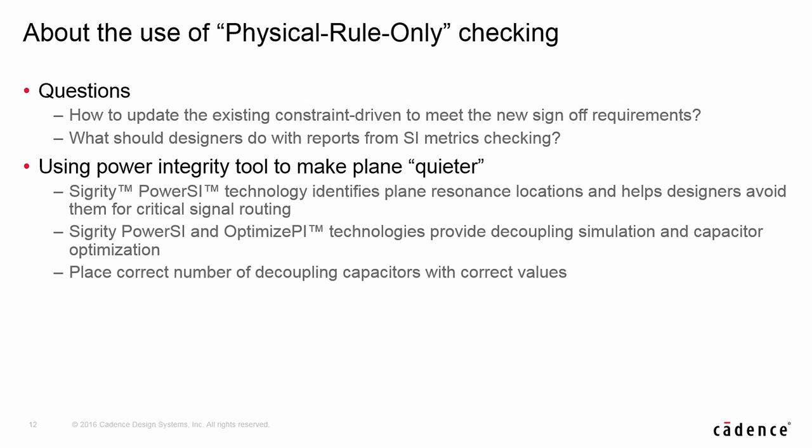The report of SI matrix sorts out the signals with bad performance so that designers can run detailed simulation with non-ideal power supply. Then examine existing decoupling capacitor placement and selection schemes to make the plane quiet. In other words, to make it close to ideal power. When that is reached, the constraint-driven flow becomes complete and sign-off is achieved.